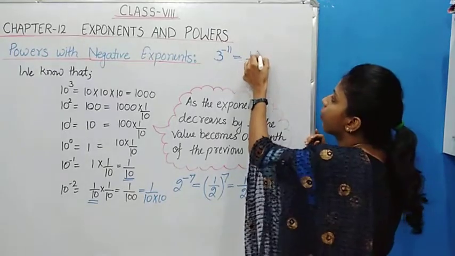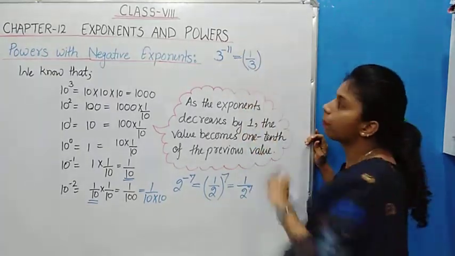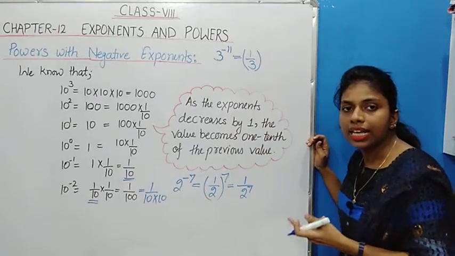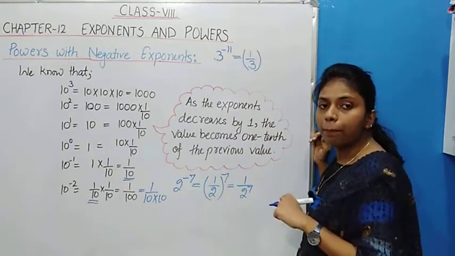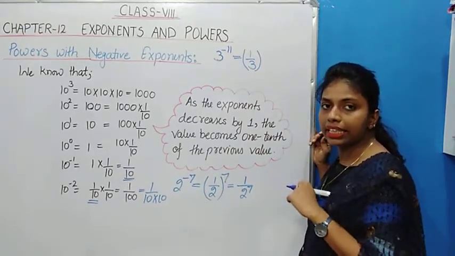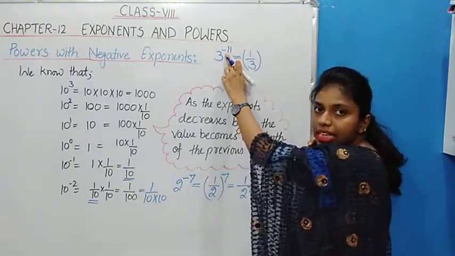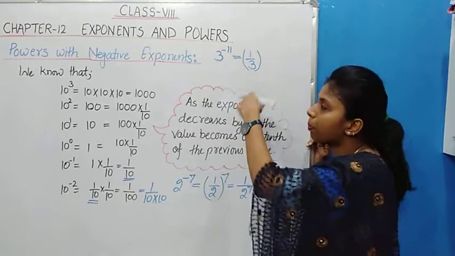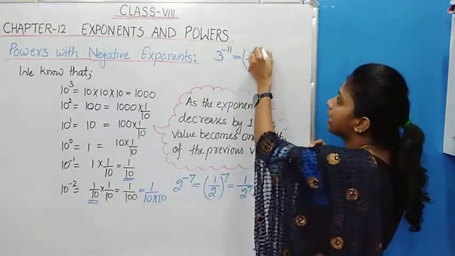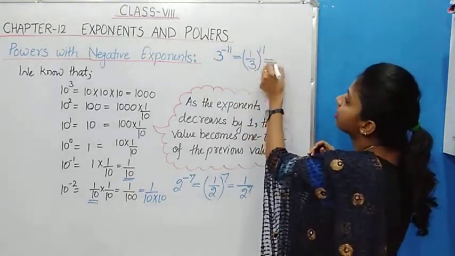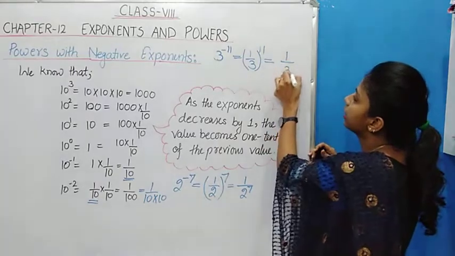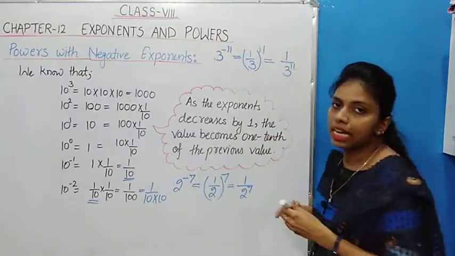Now we put the power as the positive of the same negative exponent. Here we have the negative exponent minus 11, so the positive of minus 11 is 11. So we can write this as 1 by 3 to the power 11.